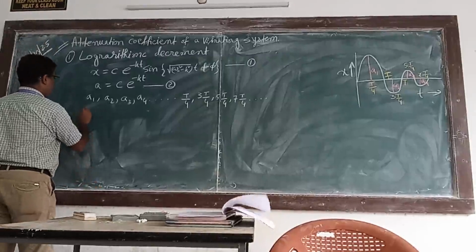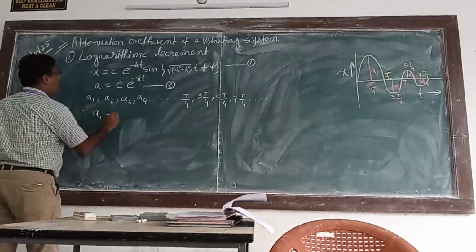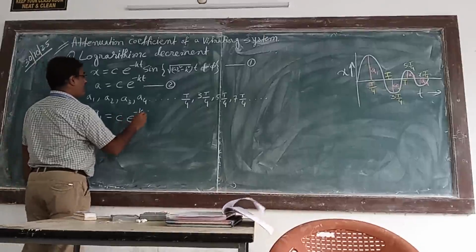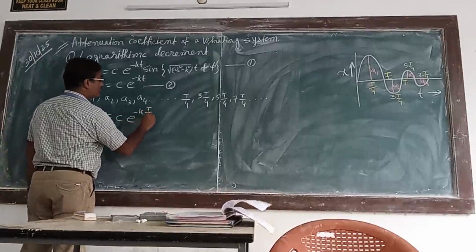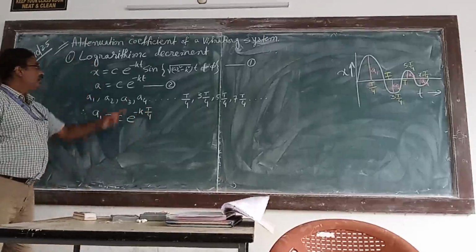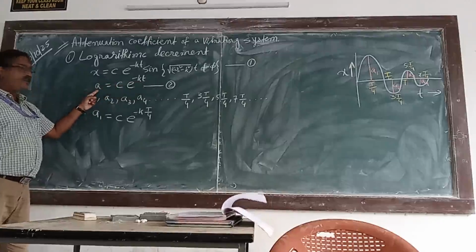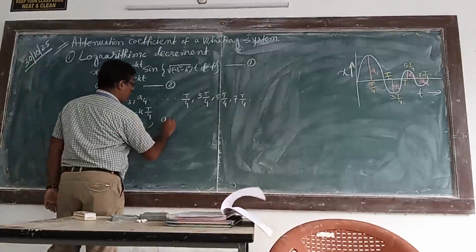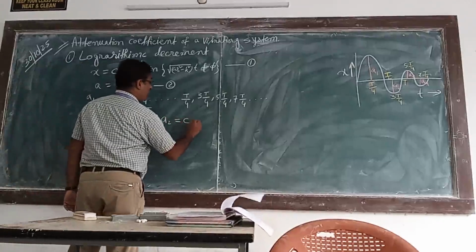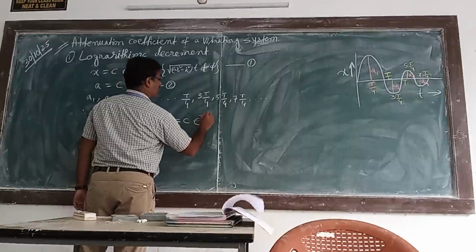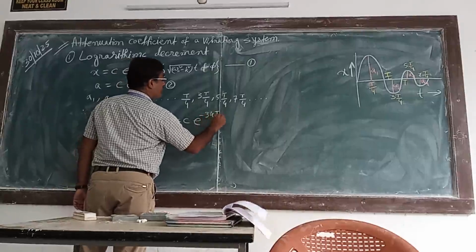Therefore, what is the value of A1? A1 equals C e to the power minus k into T by 4. If we put the value of t here, that is the first amplitude. Then A2 equals C e to the power minus 3kT by 4.